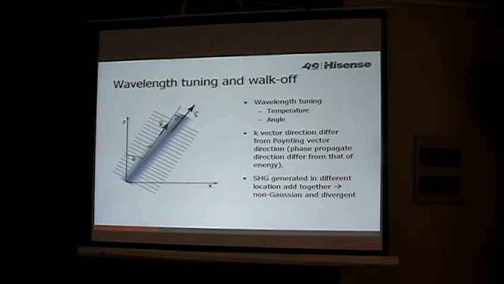For example, instead of using polarization along the optical axis, we can tune the angle a little bit, and we can also change the temperature of the nonlinear crystals. By these two means, we can extend the wavelength range for nonlinear optical frequency doubling.